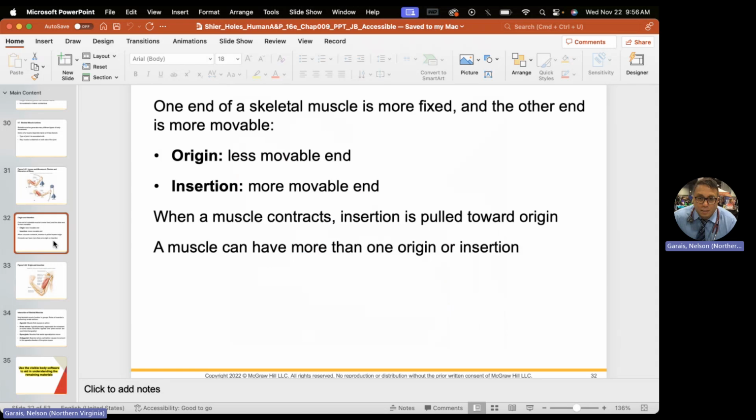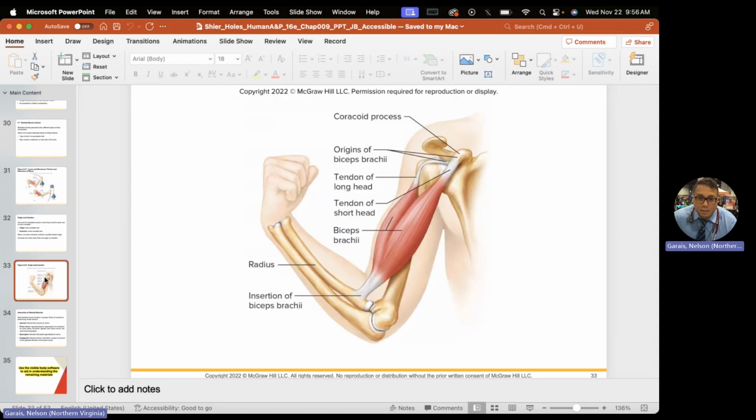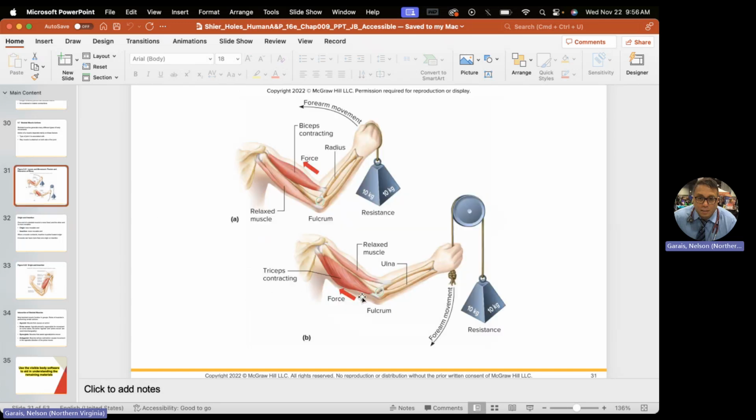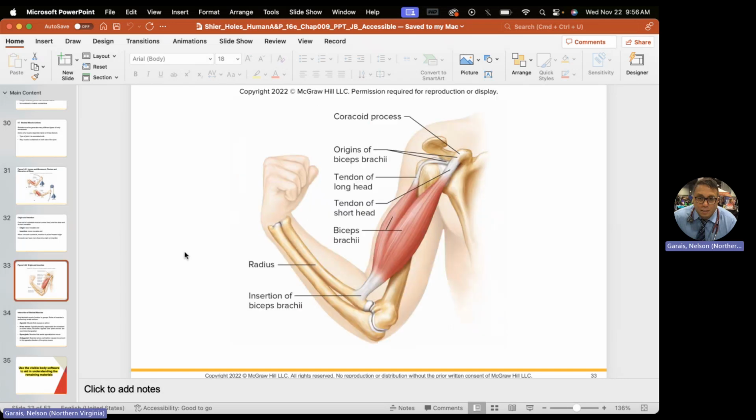So in order for movement to happen, right? Origin, insertion, we already went over. In order for my patient here to flex their arm, there's going to have to be two sets of muscles. Here you've got the bicep, and on the other side, the tricep. In order for flexion to happen, the biceps have to contract.